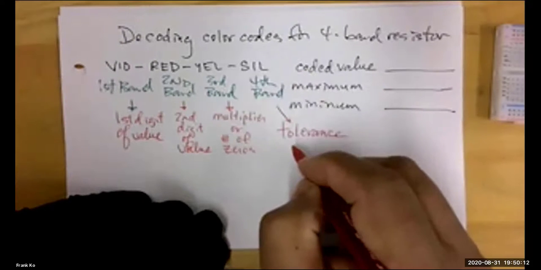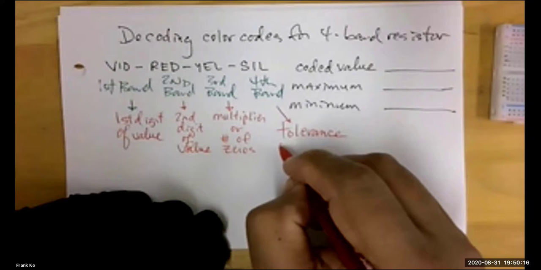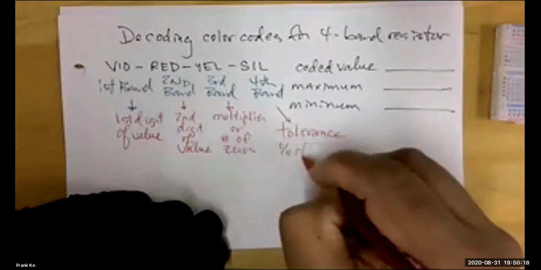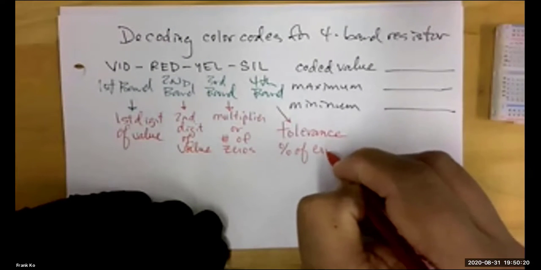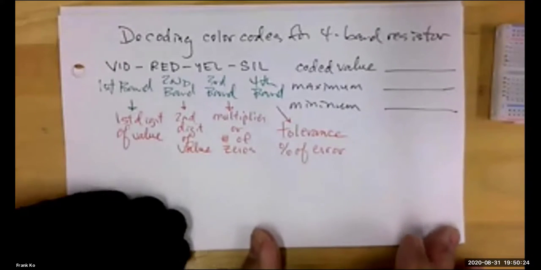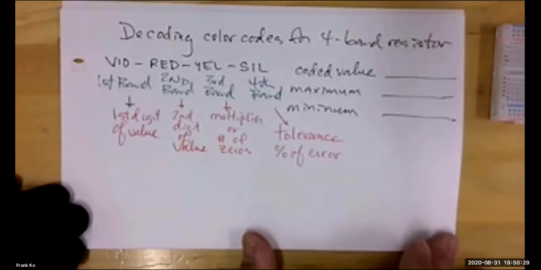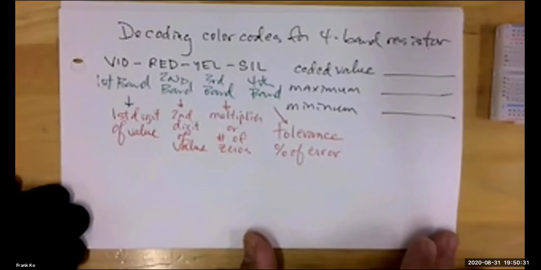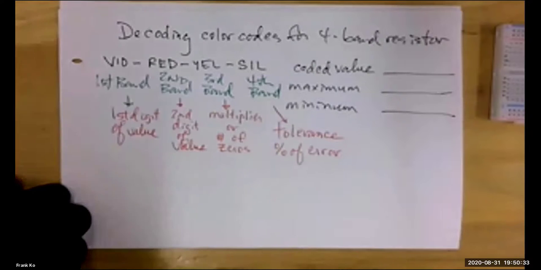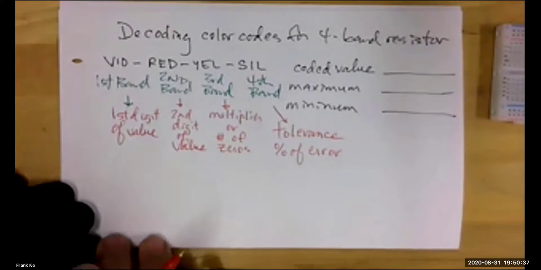I would rather have you think about these words, okay? It could be percent of error, okay? Think about it as a percent of error, because from the manufacturer, they want to be as consistent as possible, but sometimes as they mix the chemistry together, they're not able to get exactly the value that they code.